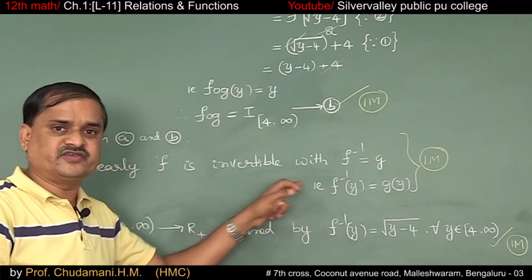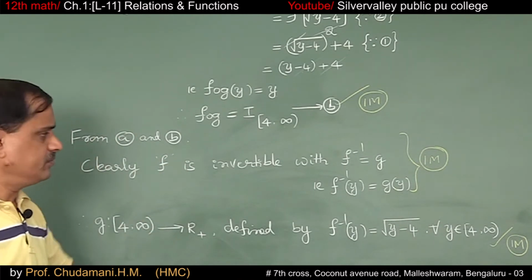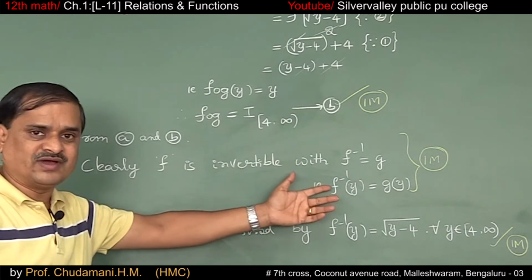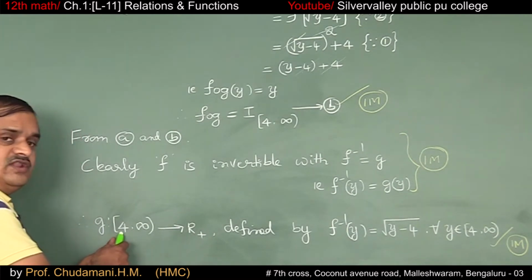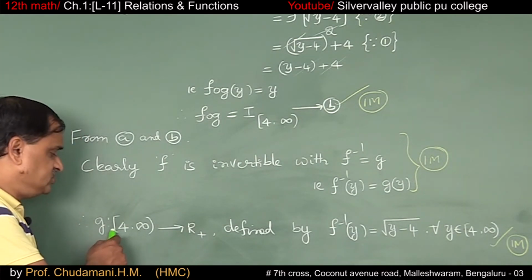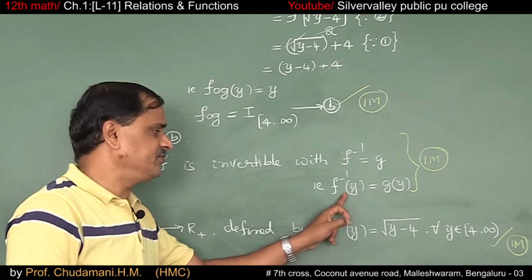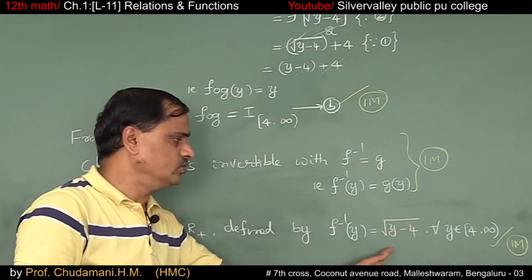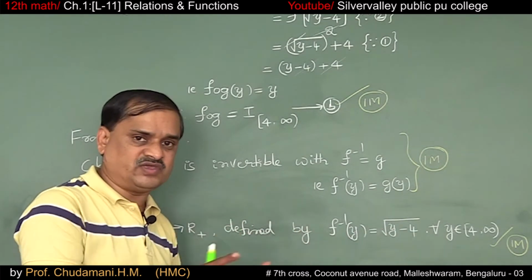If you don't write this conclusion, you will be deducted 1 mark. Okay, please note that. After the conclusion from A and B, we also write the inverse of f. So the inverse, what we have assumed, g from 4 to infinity to R plus, is defined by f inverse of y. What is g of y? By using equation 2, it is root of y minus 4. We assumed g from B to A, you know.